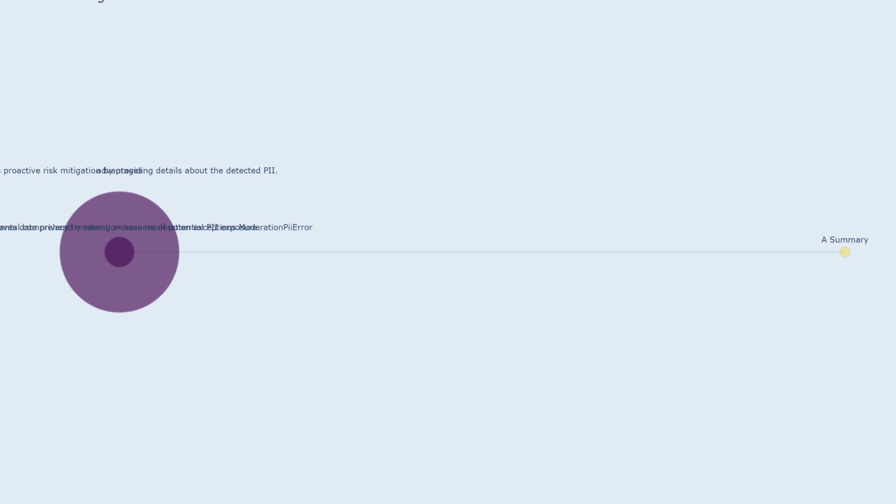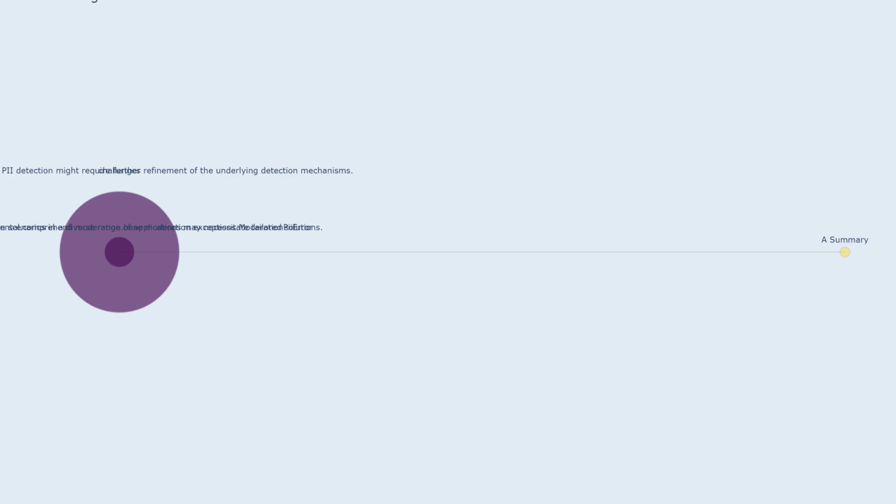This detailed information allows developers to understand the nature of the risk and implement appropriate mitigation strategies. For example, if the detected PII is a social security number, the developer might implement a strategy to redact the social security number or prevent the input text from being processed further.